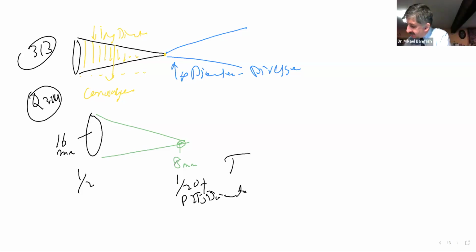If the narrowest diameter of a sound beam is at a depth of 8 centimeters, then the PCT crystal's diameter is 16 centimeters.